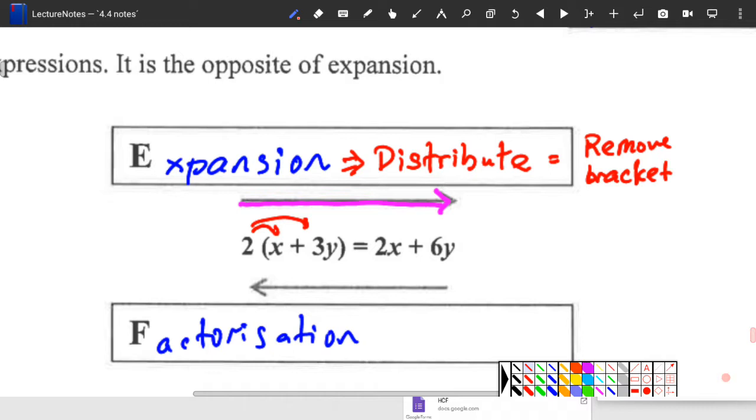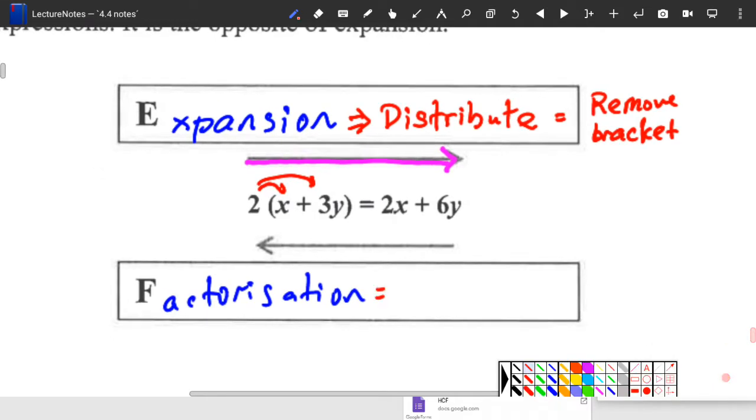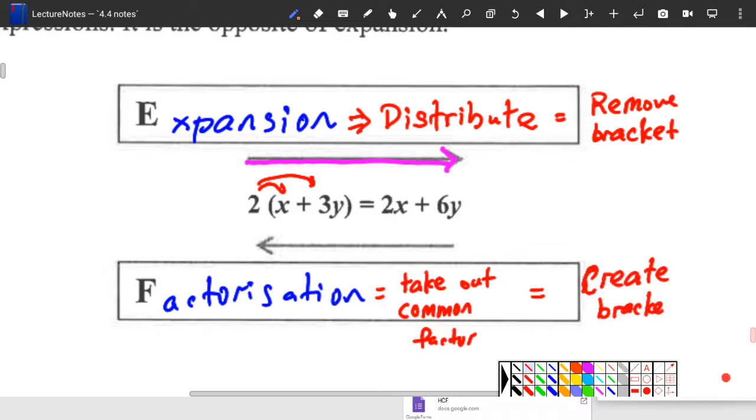Alright? So factorization has the same idea of take out common factor, but in layman terms, we will write down we want to create a bracket. Okay, so you want to distinguish this, then you can add an arrow yourself and highlight the box yourself.